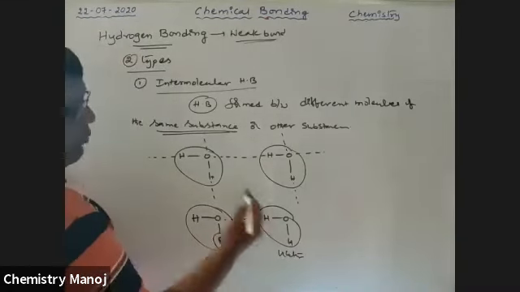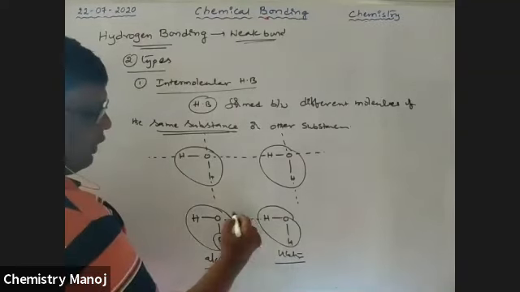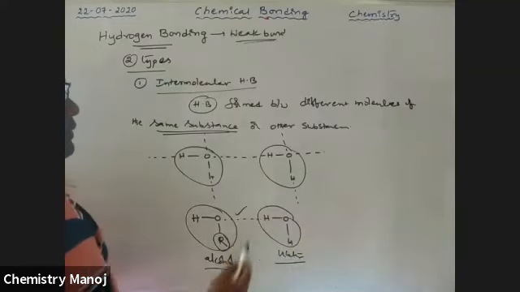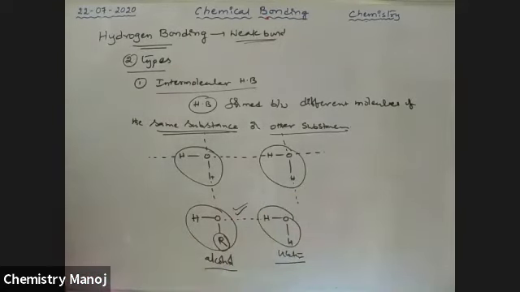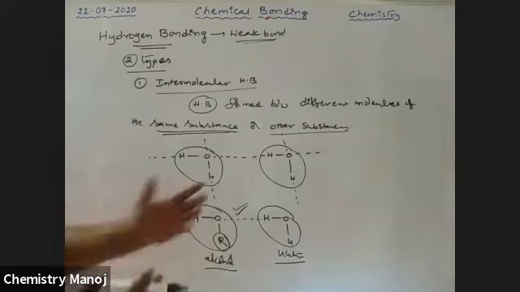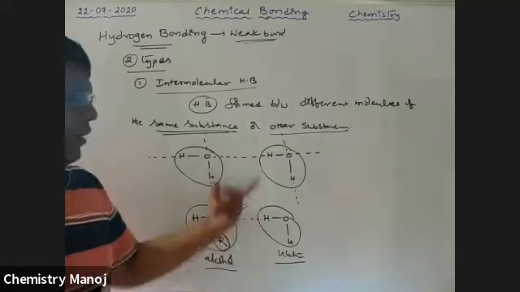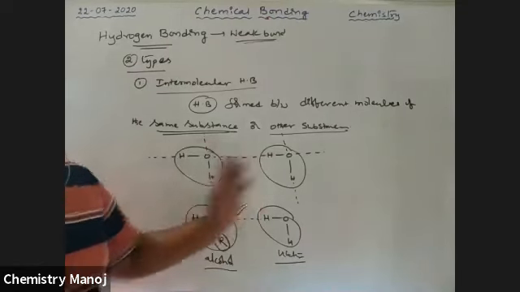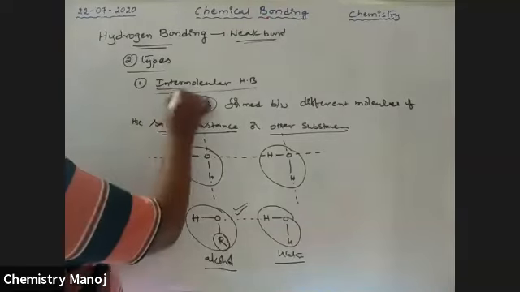Between these two, intermolecular hydrogen bonding is possible. That means other substances may also be involved in intermolecular hydrogen bonding. So hydrogen bonding may be between similar molecules or different molecules. Whatever it may be, the hydrogen bond between two molecules is called inter.